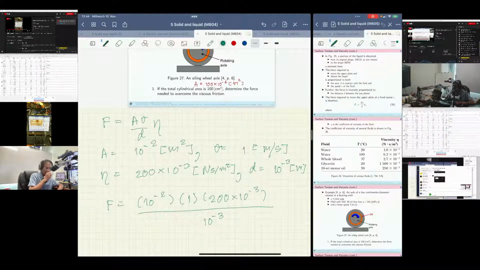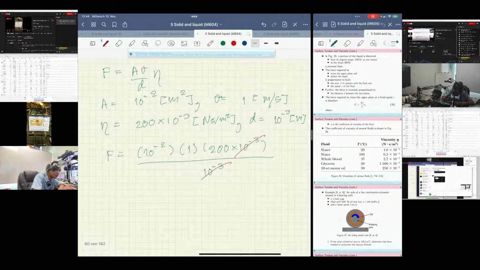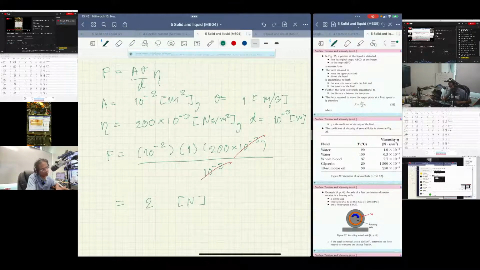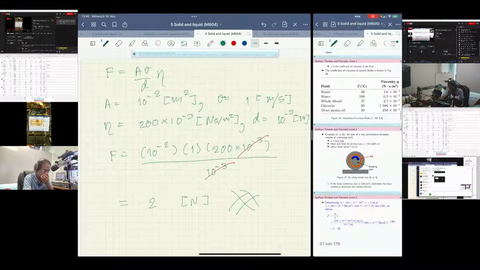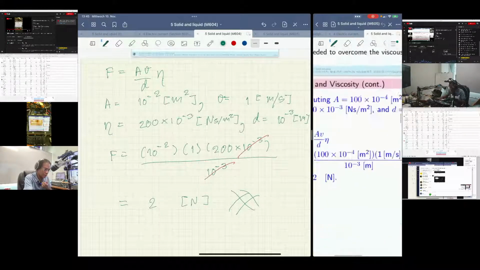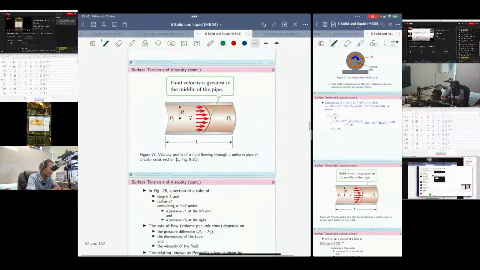So you can cancel this one and this one, right? And if you divide this one by 100, it's gonna be number 2. So the force would remain only 2, and the SI unit for the force is Newton, right? That's it for our problem related to viscosity. It's 2 Newton right here. Okay, the answer.